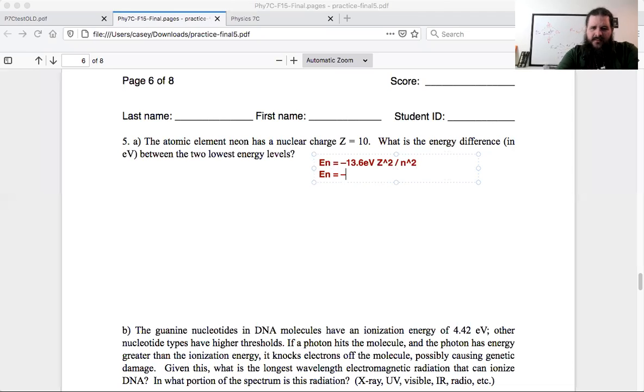So we get 13.6 times 100 is 1360. 1,360 electron volts divided by N squared. Which means we're just going to be dividing that energy value, negative 1,360 electron volts, electron volt just being a unit of energy, by 1 squared or 2 squared or 3 squared or 4 squared and so on. Any questions on that formula so far?